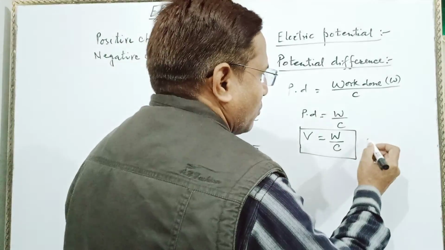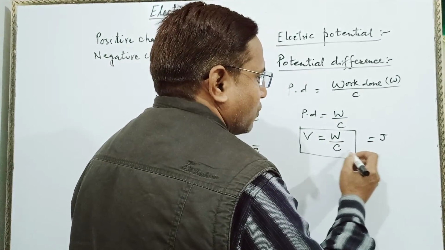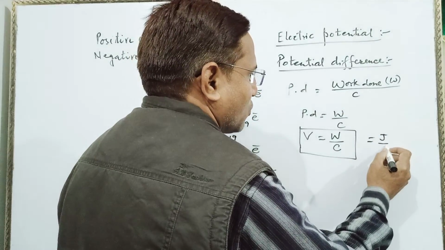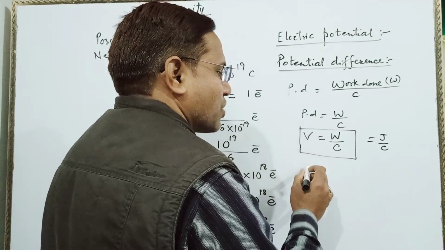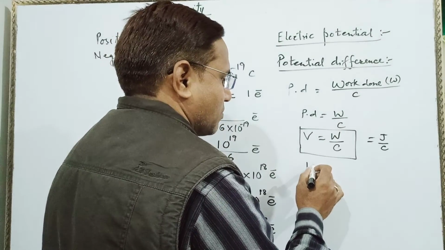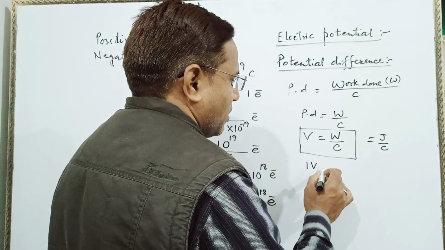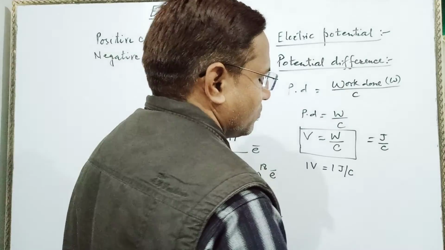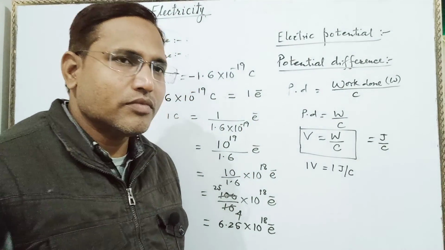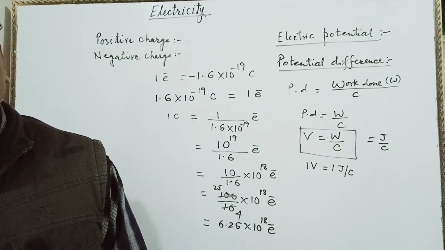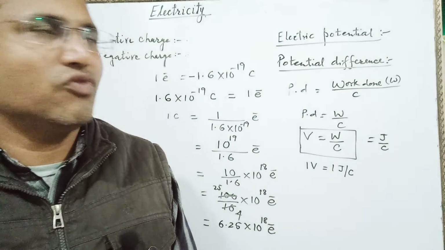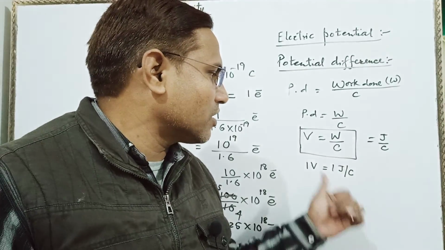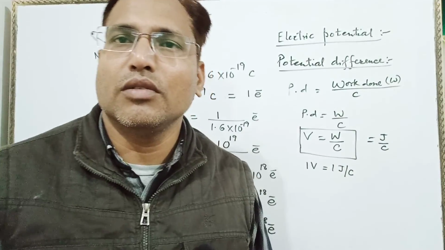And you know the SI unit of work is joule, and the charge moved is in coulomb, so joule per coulomb, and potential difference we measure in volt or V. So 1 V is equal to 1 joule per coulomb. That means the work done will be in joule, charge will be in coulomb, and then the potential difference will be measured in volt.